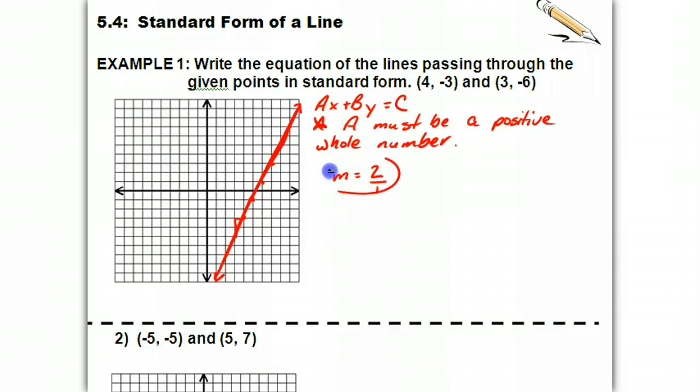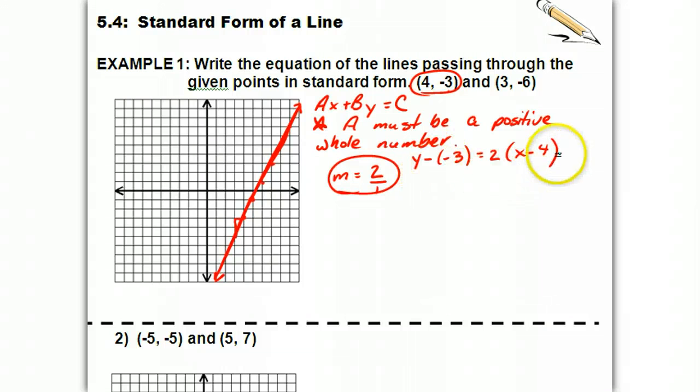So I've got a slope here and I'm going to choose this point to work with and I'm going to put it into my point slope form. So y minus 3, it's my y1, is equal to my slope times x minus x1, which is 4.